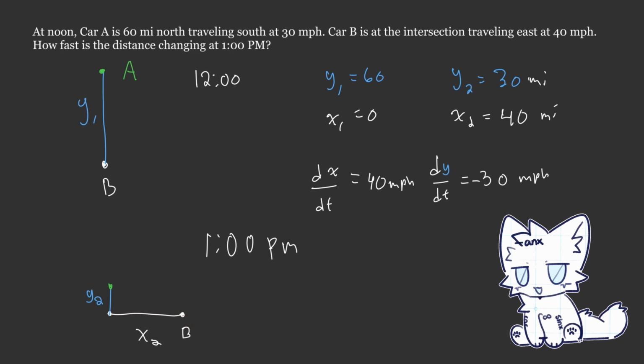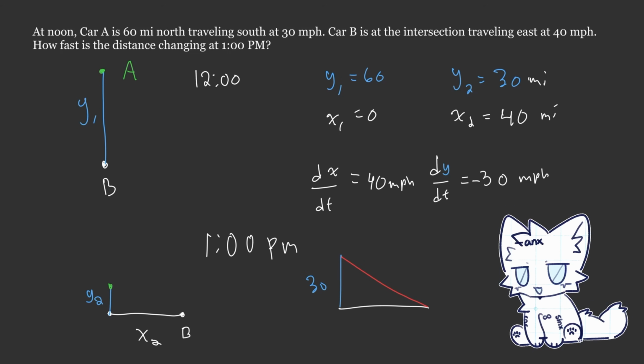Is there a shape that we can use to help us map out the situation? Yes, we can use a triangle. So the distance would be the hypotenuse between the two cars at 1 p.m. So y2 is 30.